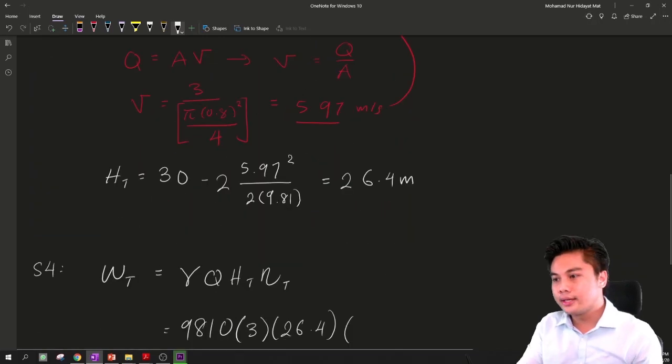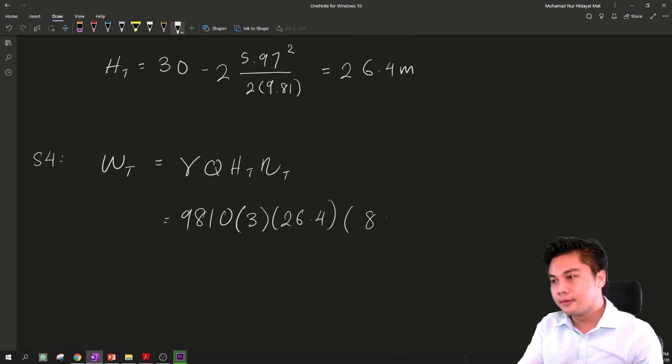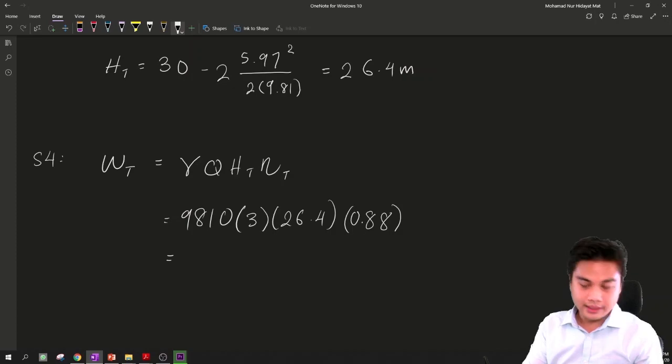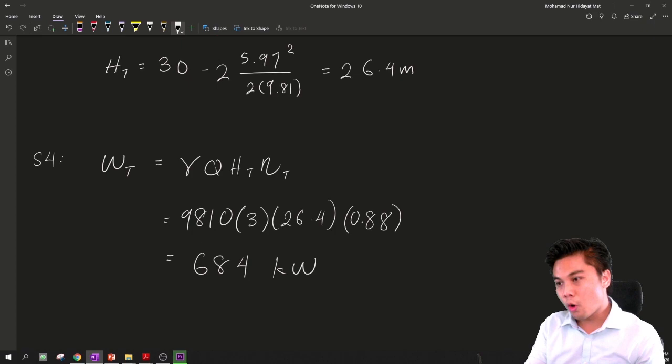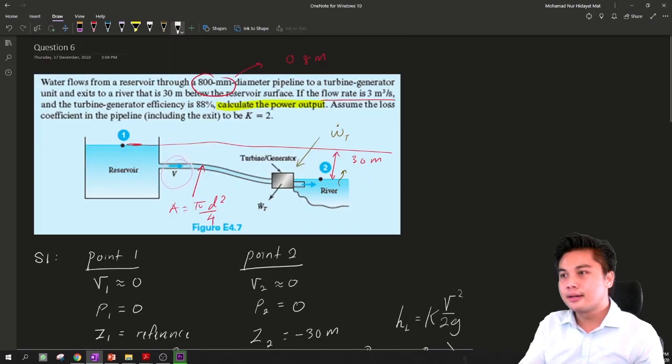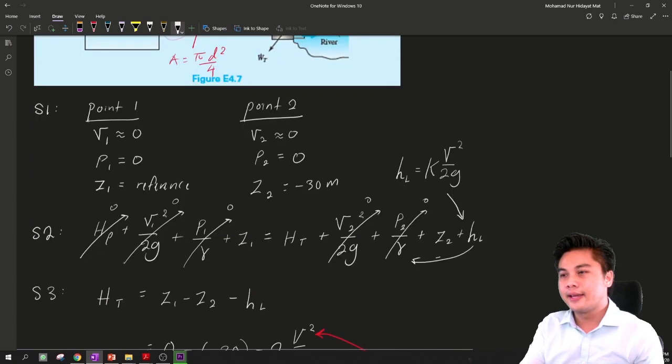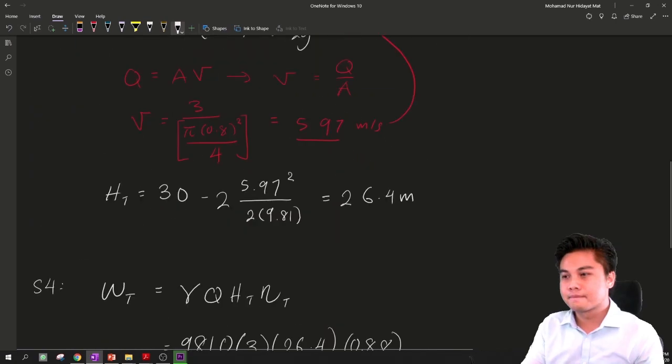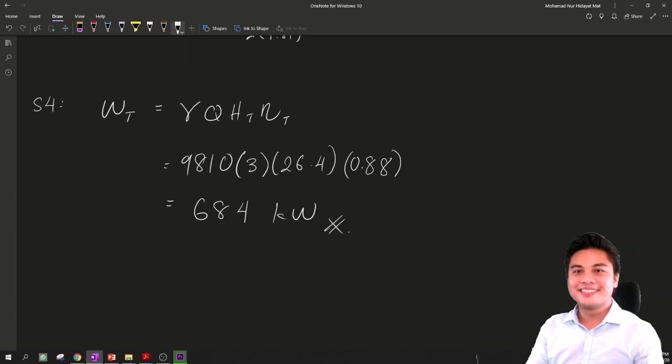Do not write 88 here; please divide by 100 to get 0.88 because this is a percent. Thus, the final answer is 684 kilowatts of power output from the turbine. Therefore, that is the final answer.